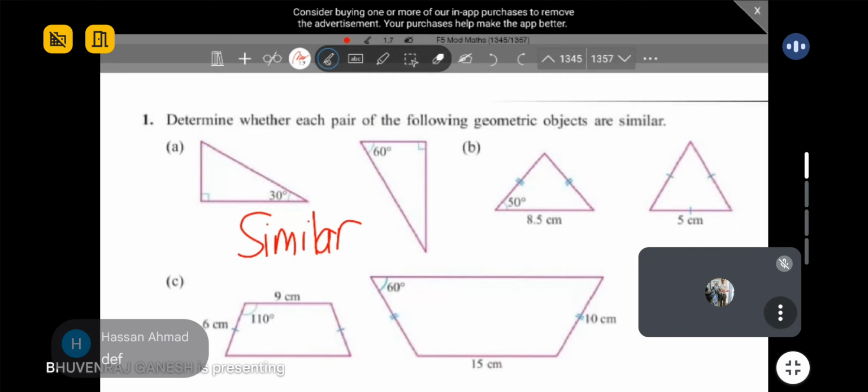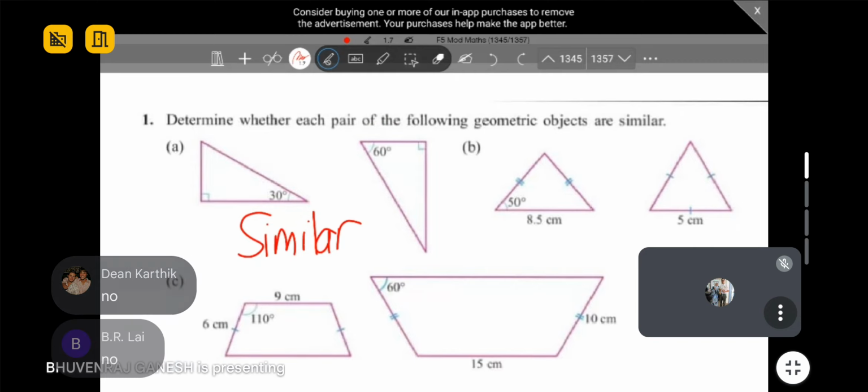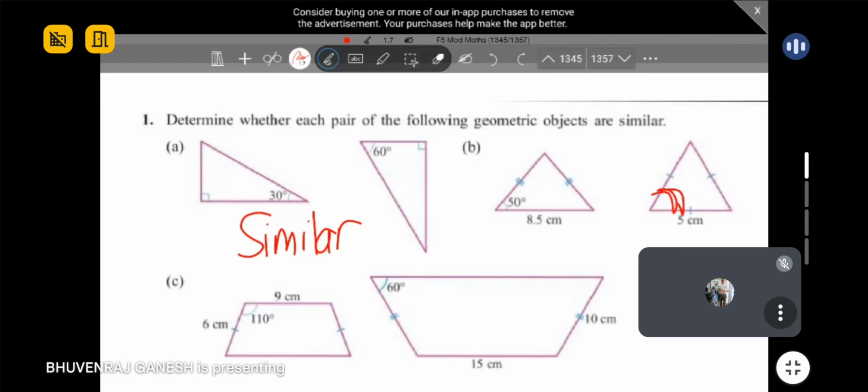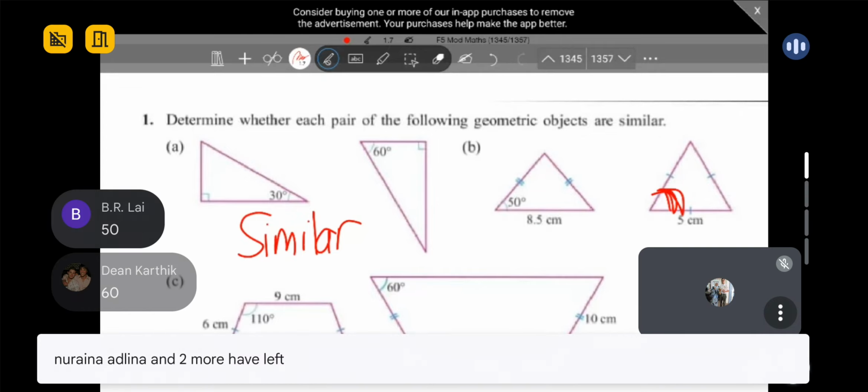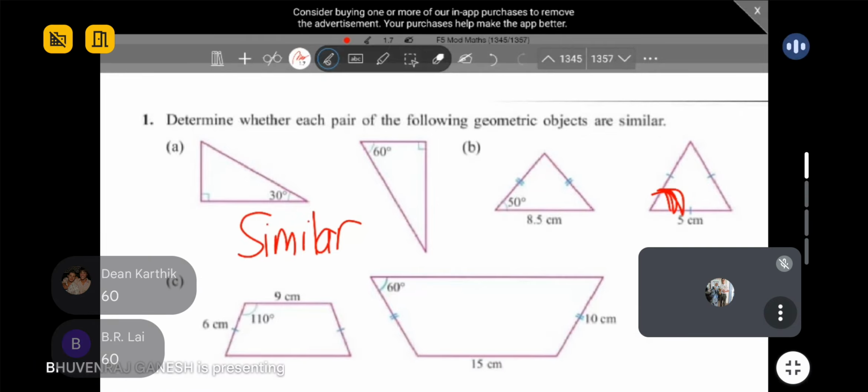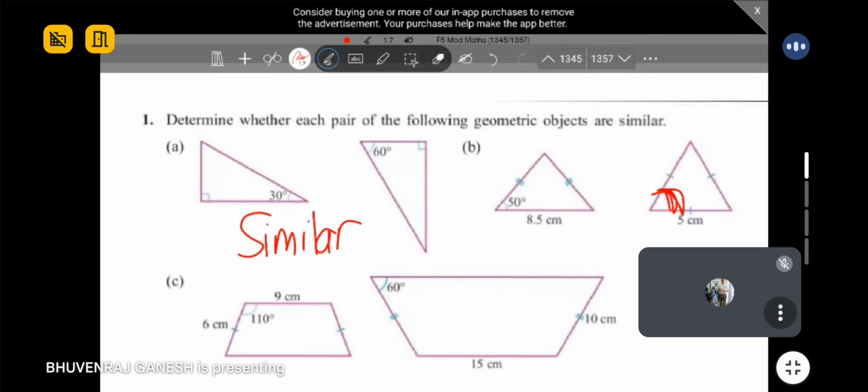Okay, second example. Adakah mereka serupa? Soalan B. Are they similar? Okay, this one quite obvious. Kamu boleh nampak. Okay, so why not similar? Okay, very good. Angle. Can anyone tell me sudut yang ni berapa? Apa nilai dia? What's the value? Yes, 60. Correct. Okay, 60 darjah.